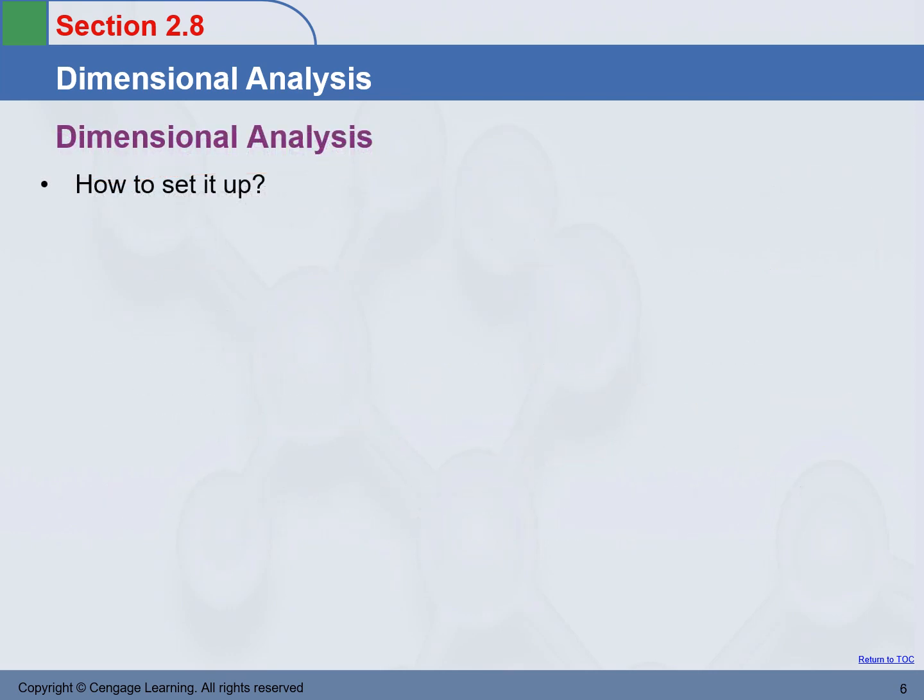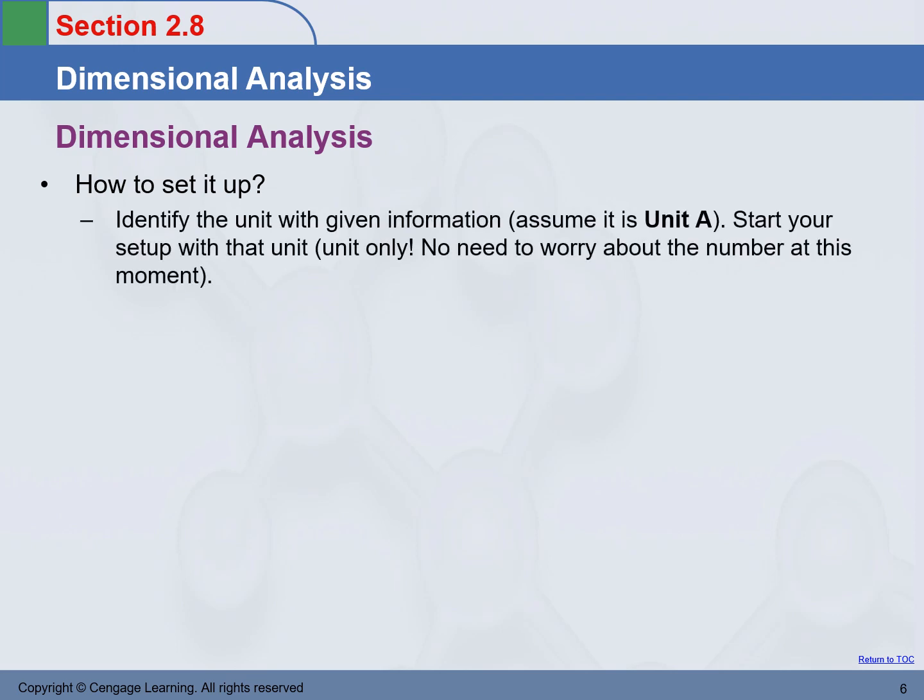Now the setup. Here I laid out a stepwise procedure for you to follow. Pay attention to them. Make sure you understand what it is asking to do in each individual step. You will become a master on this. Step number 1, identify the unit with given information.